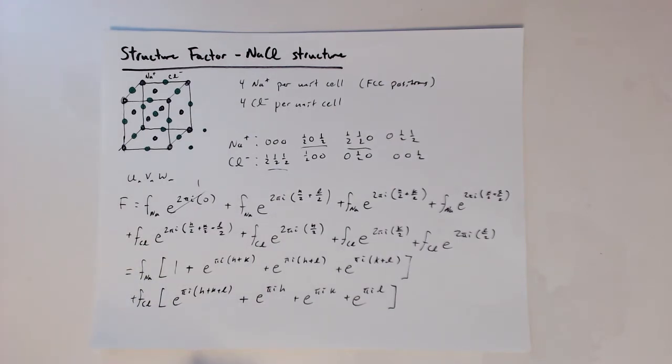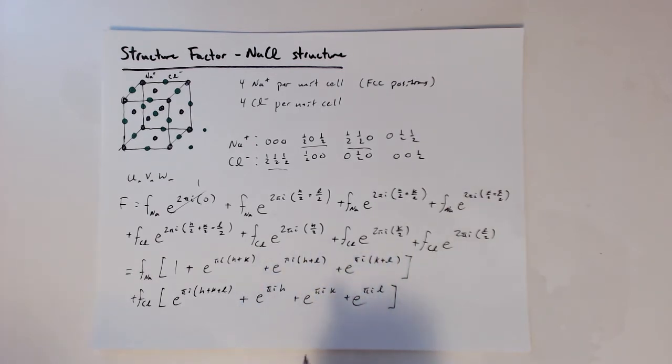And so we can basically use that knowledge, use that face-centered translation, and apply the structure factor calculation that we would get from an FCC arrangement. So we haven't gone over that, but you can see what it looks like here. And so we can do that, and effectively that's going to factor out.